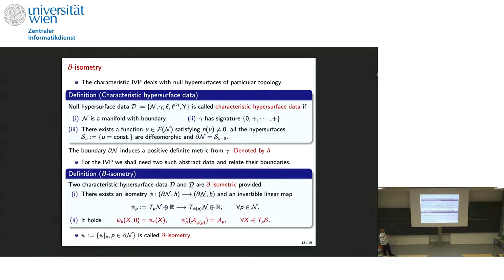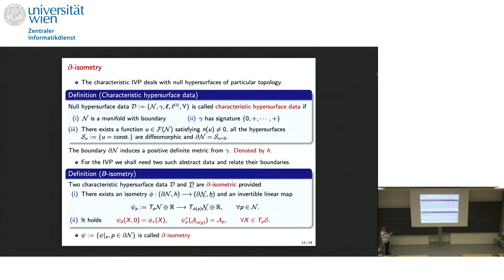So when psi takes something which is already tangential and has no transverse direction, it should do just what phi star does, so the push forward. And the invertible tensor A bar should be pulled back from n bar to n by psi. And in that sense, this defines a boundary isometry.